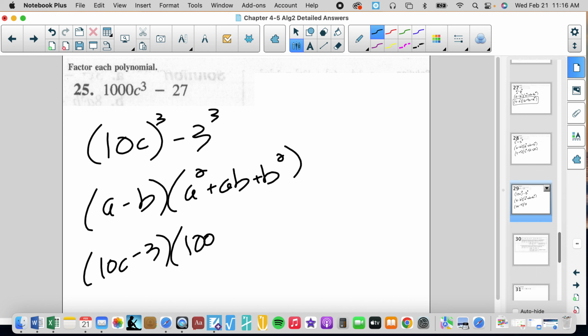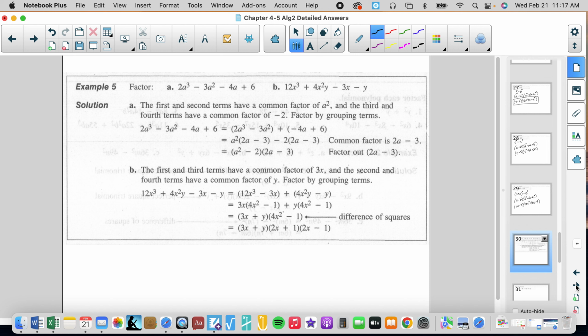That's 100c squared plus 30c plus 9. That is so good looking. Just checking: 10c minus 3, 100c squared plus 30c plus 9. Yeah, we're just plugging that base into that template. It's really the easiest way.